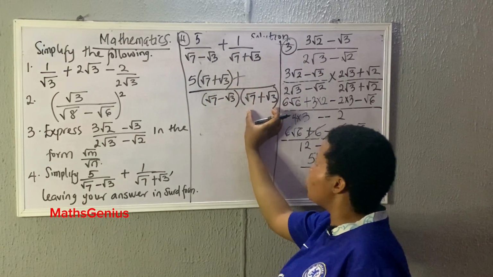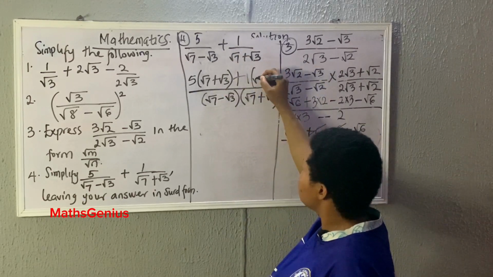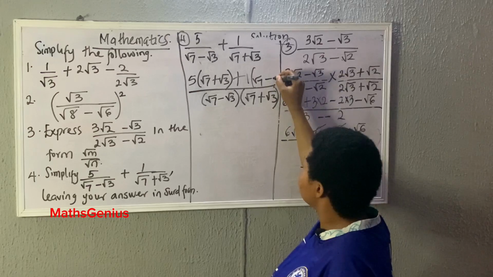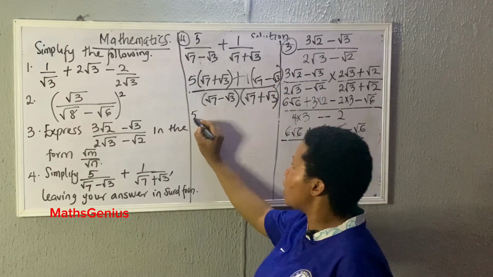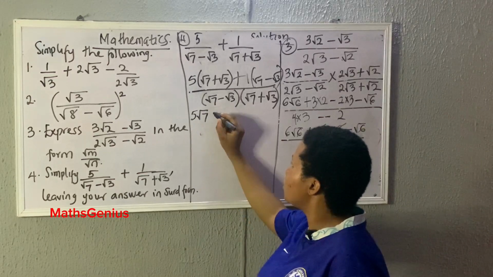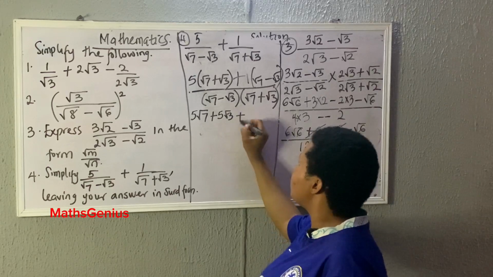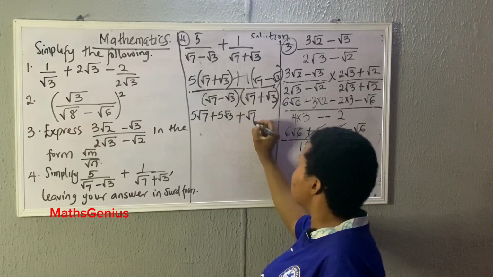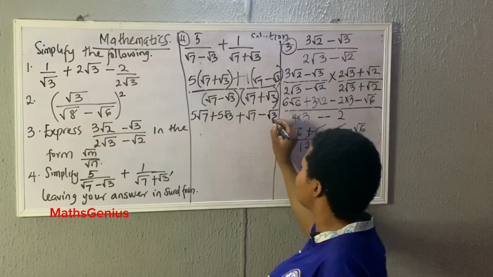Now we cancel this, and we are left with this times 1, so 1 root 7 minus root 3. 5 times root 7 is 5 root 7, plus 5 times root 3 is 5 root 3, plus 1 times root 7 is root 7, plus times minus is minus 1 times root 3, root 3.